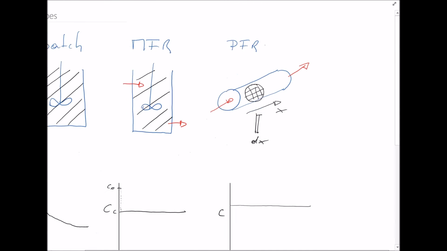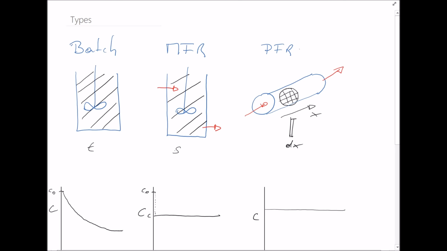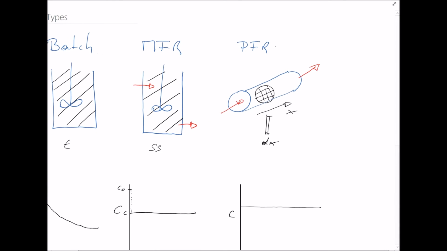So looking at them again, the batch reactor stays the same but changes with time. The MFR reached steady state, and the PFR has a concentration change with length down the reactor.